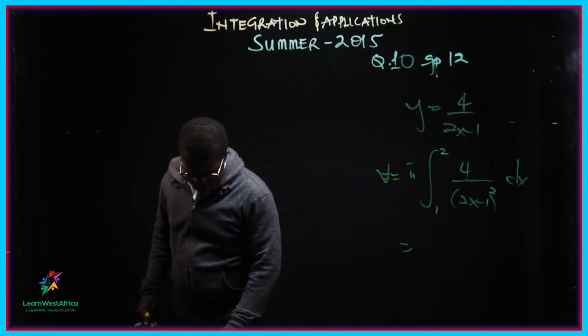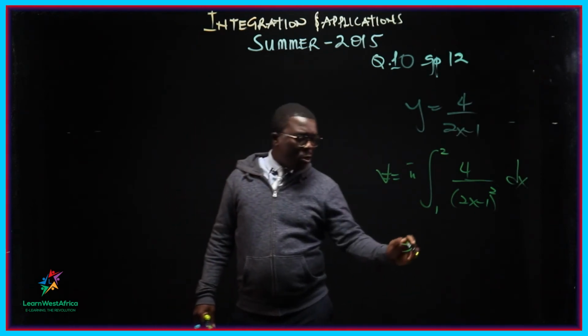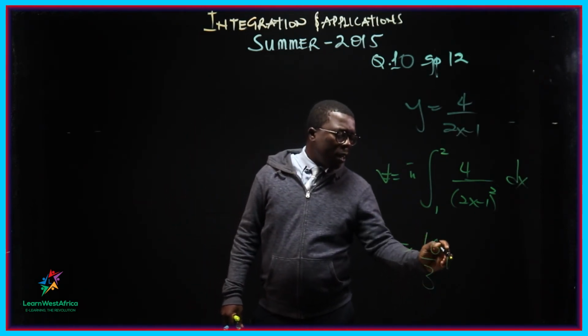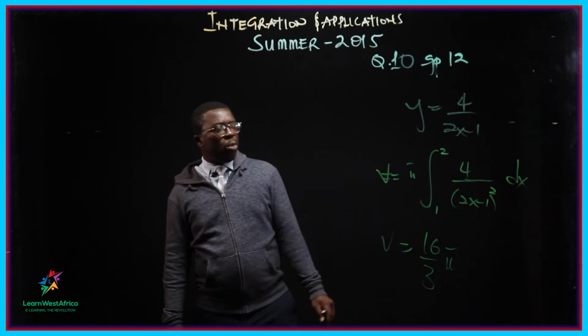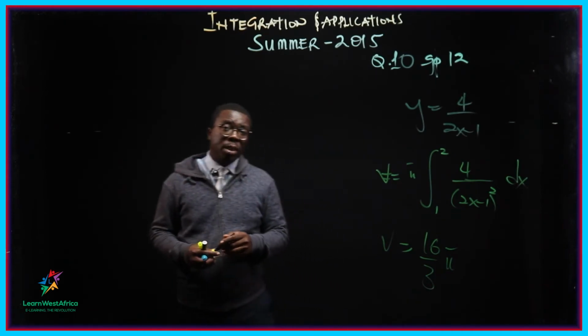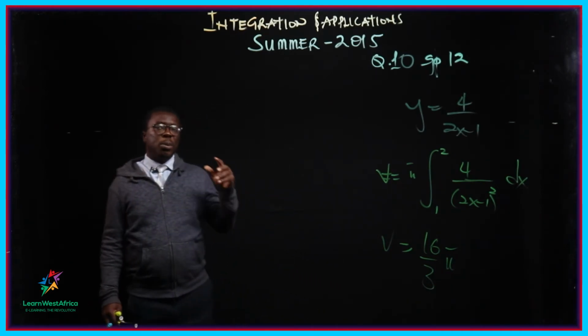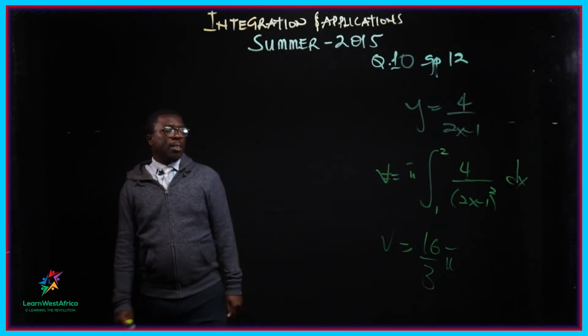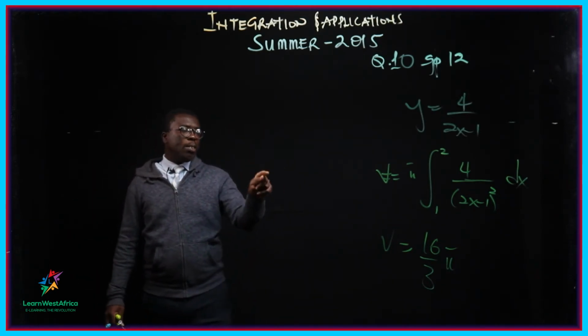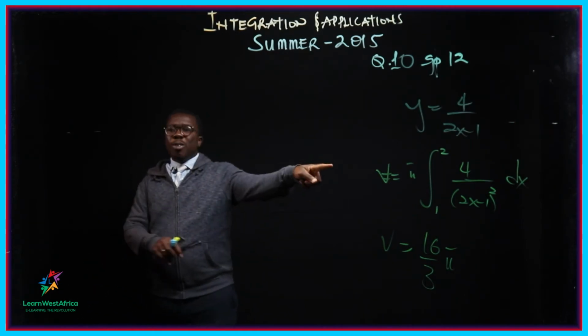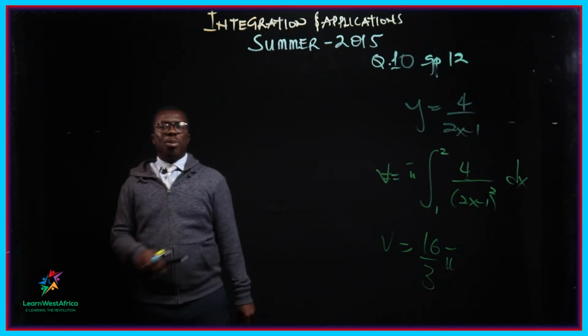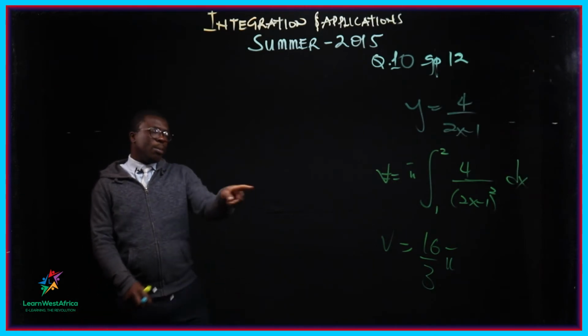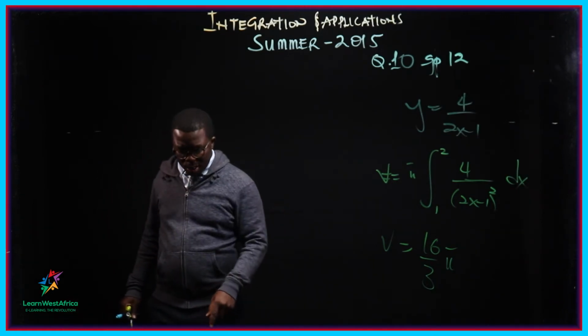Pretty simple for us to do. So when you're able to resolve that, you should get 16 over 3 pi. This is going to be the volume generated when the curve is rotated as a solid of revolution. So just try the integration of linear factors, and that should confirm 16 over 3 pi as our answer to this part.